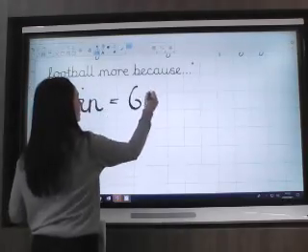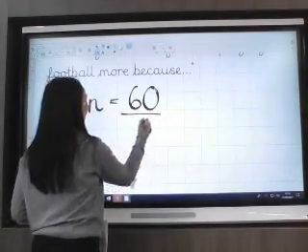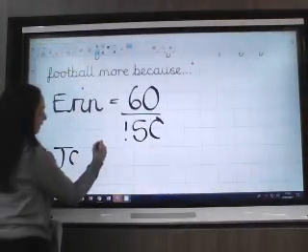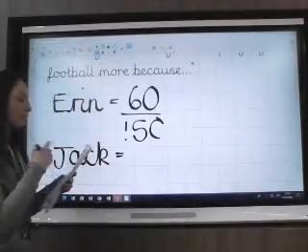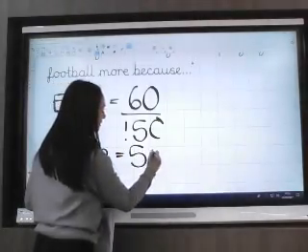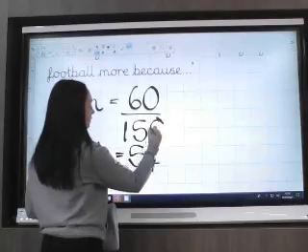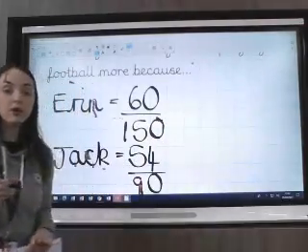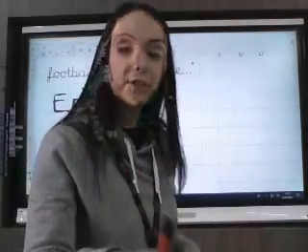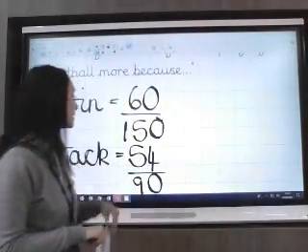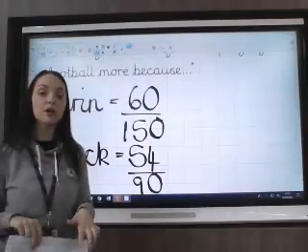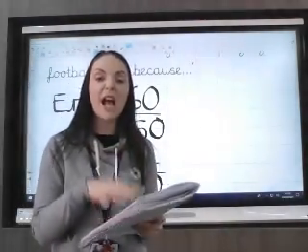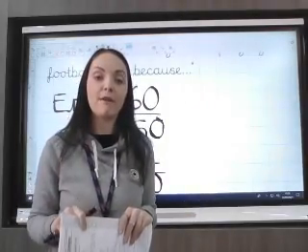So for hers, it was 60 over 150. And for Jack, he played football for 54 minutes out of 90 minutes overall, didn't he? So for those ones, you're going to have to simplify them, change them so they're over 100, see what your answer is, and then use that to help you explain why Jack actually thinks he prefers football to Erin.